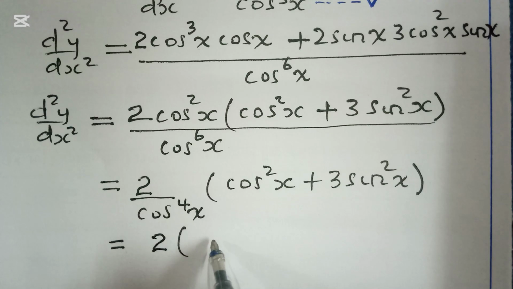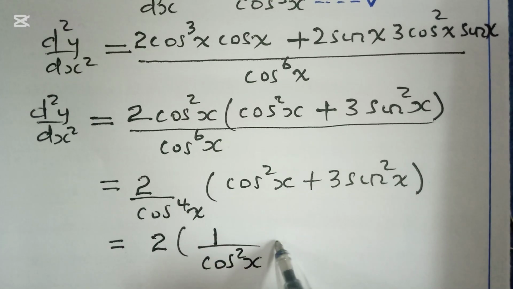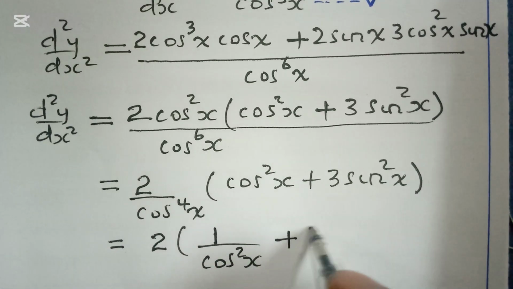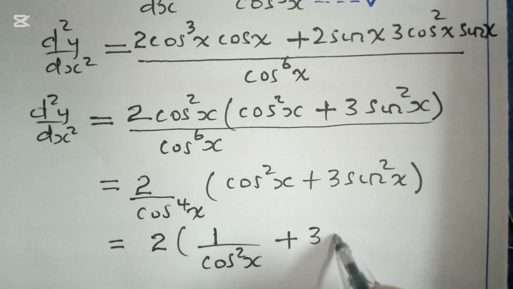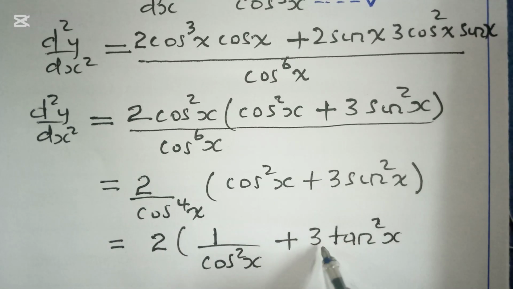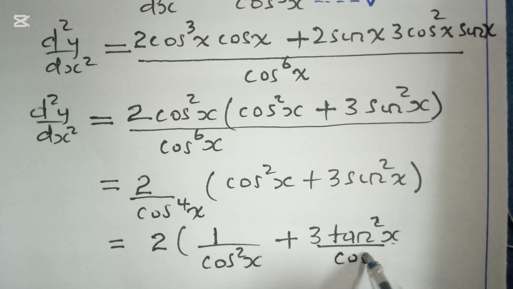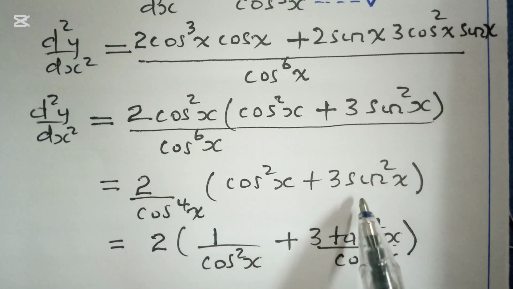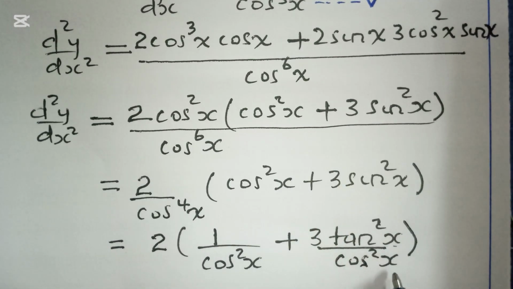We shall have 1 all over cos squared x plus, for this one we shall have 3 tan squared x all over cos squared x. Maybe, guys, I can explain, since we have 4 cos's, 2 cos's will combine with this to form tan squared x. Then we shall be left with that.